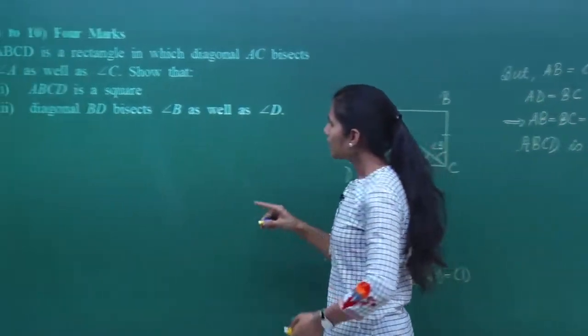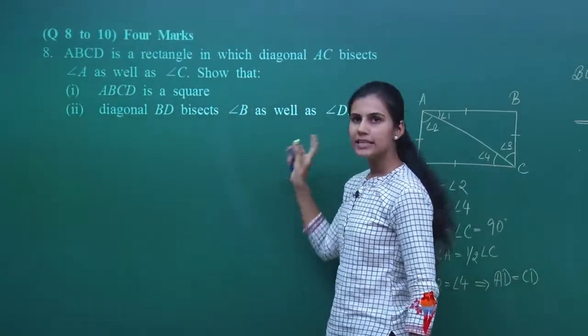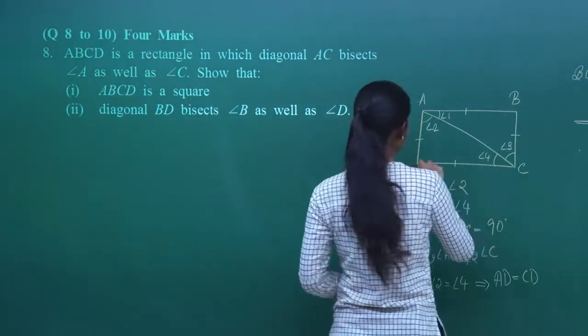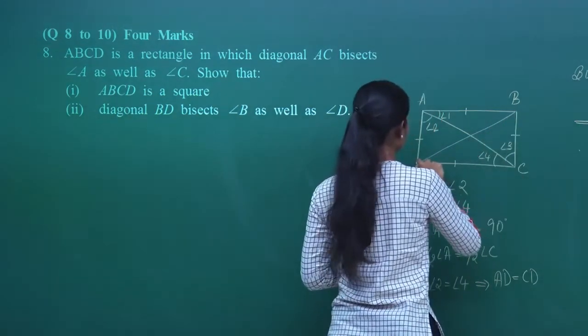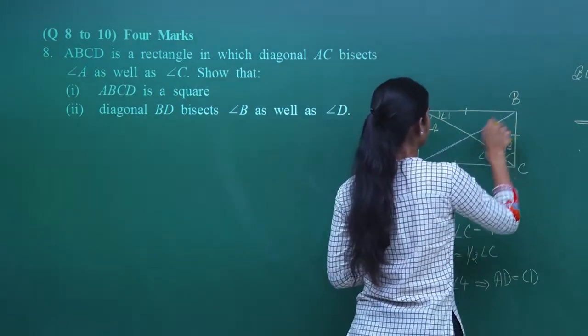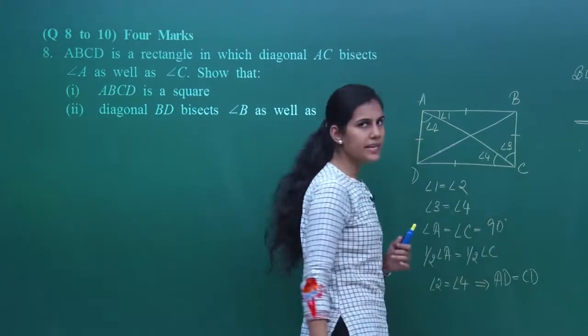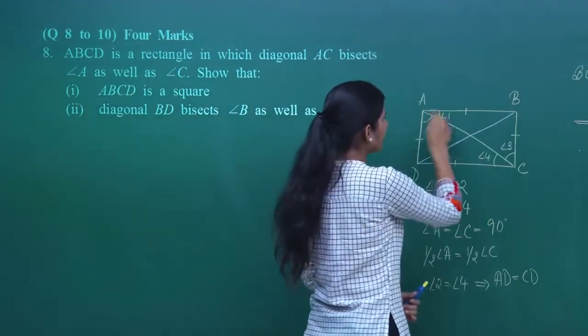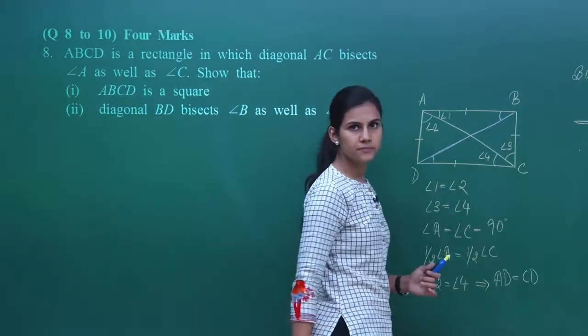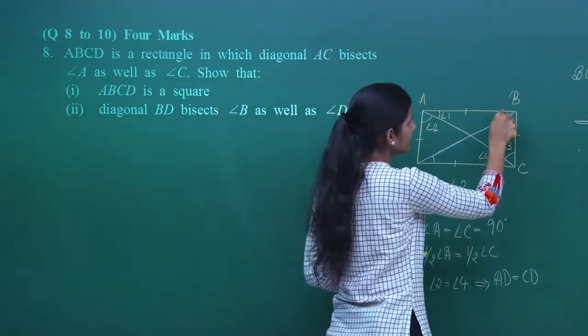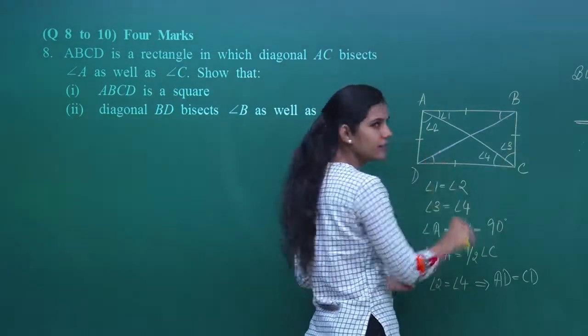Next I have to show diagonal BD bisects angle B as well as angle D. So if I draw this diagonal, I have to show it bisects angle B as well as angle D. Because this is a rectangle, I know this angle is equal to this angle, right? This angle is equal to this angle.